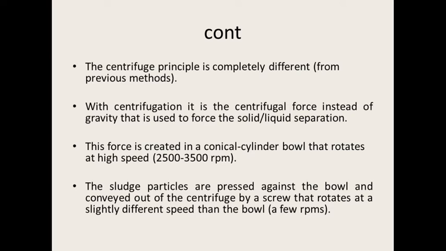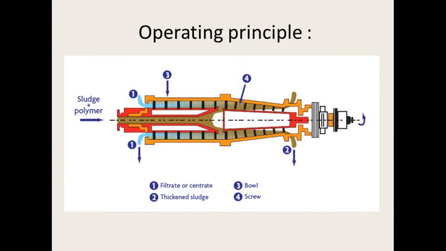This force is created in a conical cylinder bowl that rotates at a high speed, up to 2500 to 3500 rpm. The sludge particles are pressed against the bowl and conveyed out of the centrifuge by a screw that rotates at a slightly different speed than the bowl, a few RPMs difference.